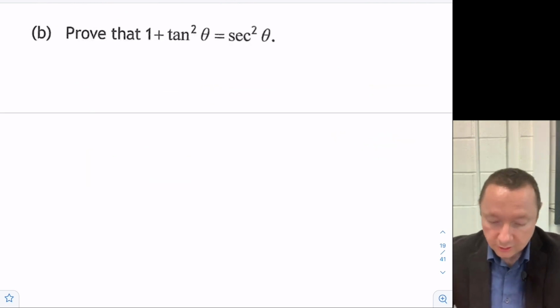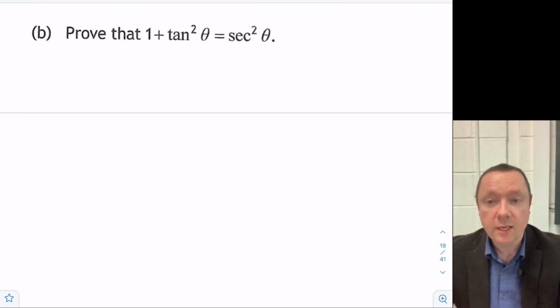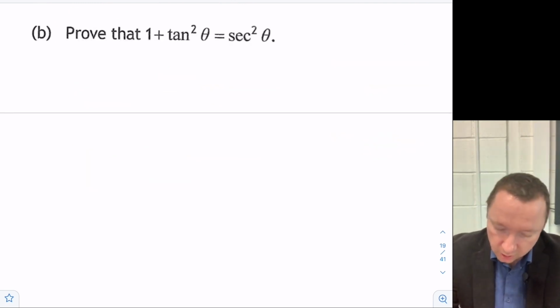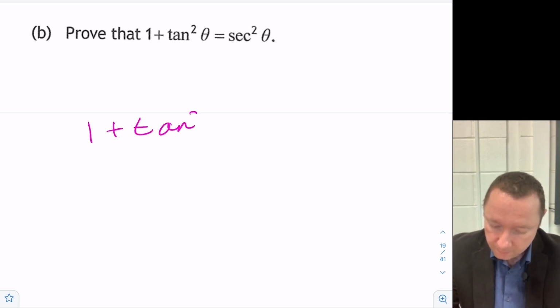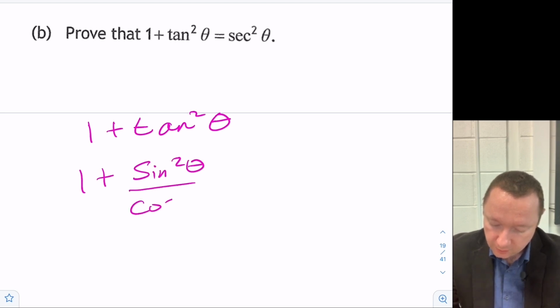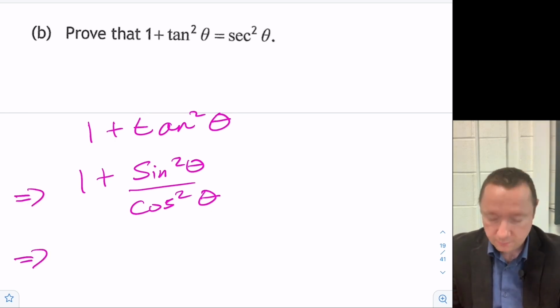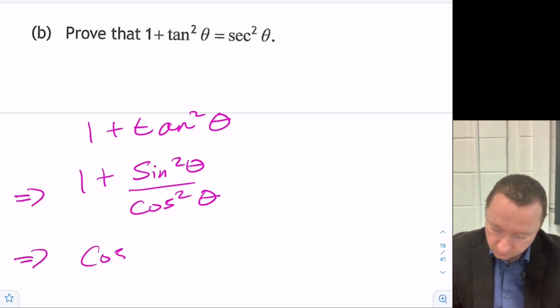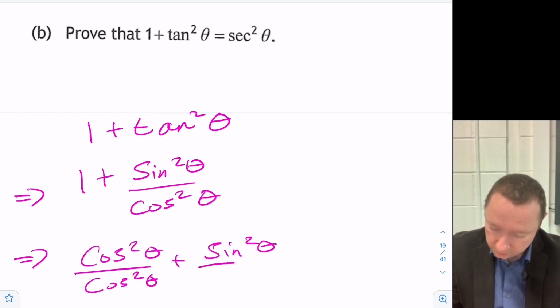Okay, we'll do a trig identity to prove that 1 plus tan squared theta is sec squared theta. So let's just start with the left hand side, 1 plus tan squared theta. Well, that's 1 plus sine squared theta over cos squared theta. Well, that's just 1 becomes cos squared over cos squared, plus sine squared over cos squared.